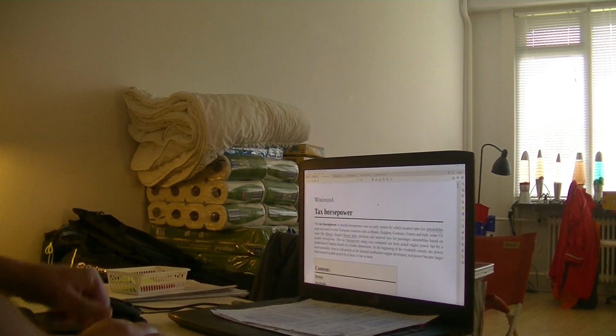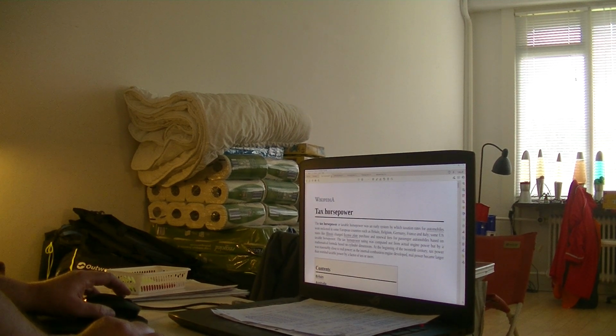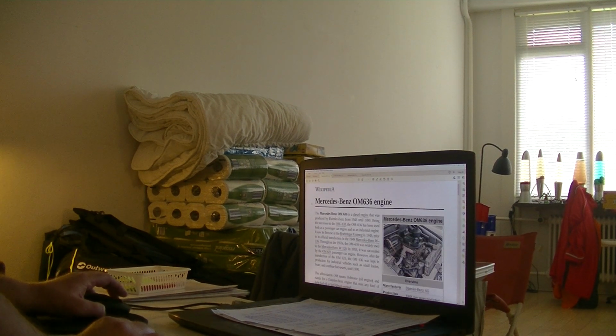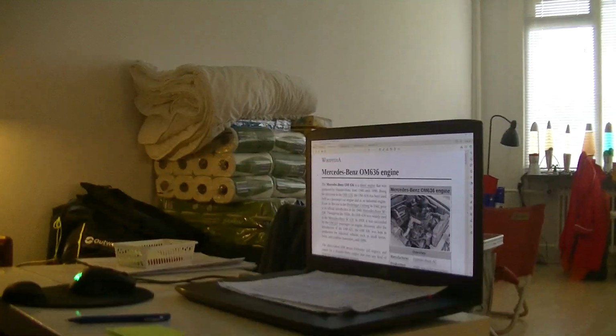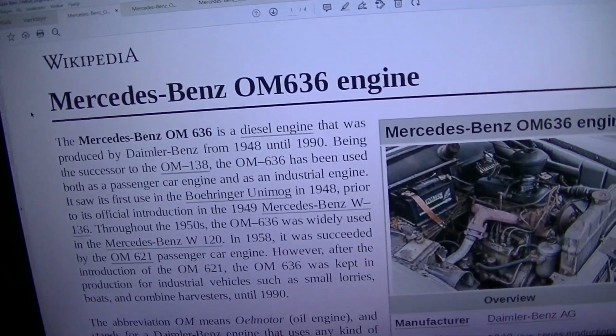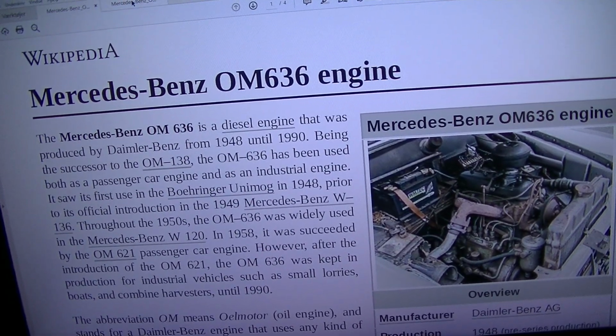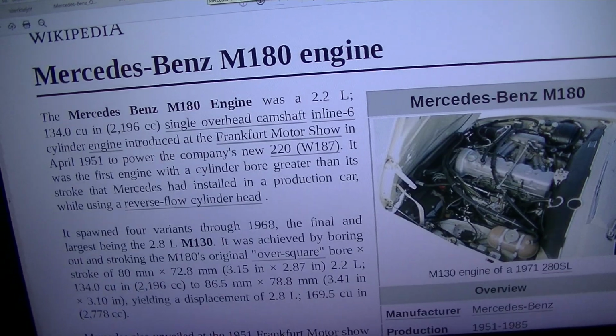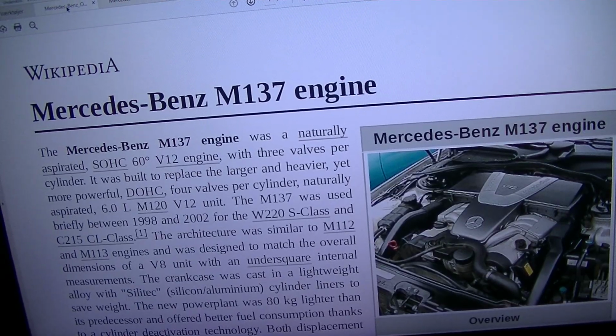Yes, I will start to upload this. Then we have four PDFs about engines, but now it's 8 p.m. Then we have four PDFs about some Mercedes engines. Probably I will find some more, but I will start to upload this.